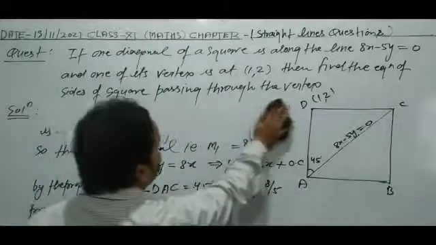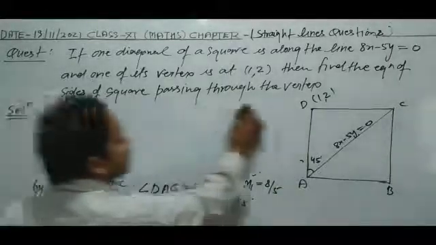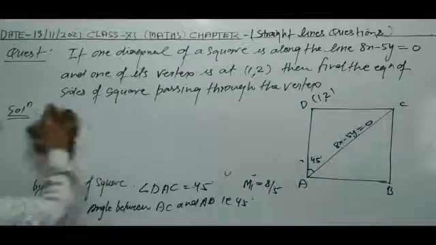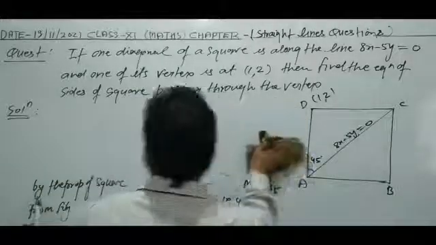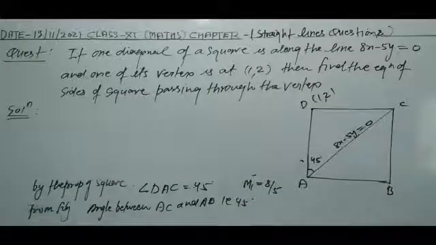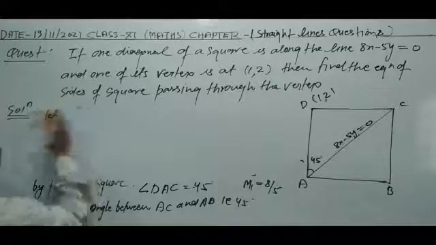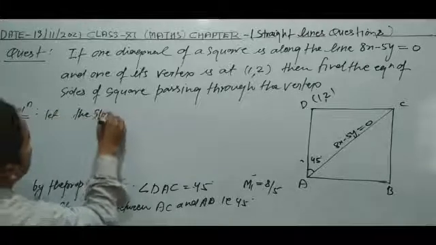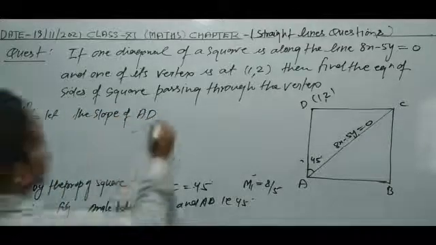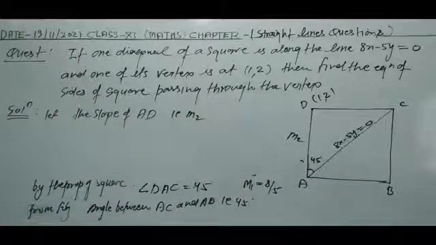Then let the slope of AD, that is m2. लाइन AD का स्लोप हमने m2 कंसिडर कर लिया.